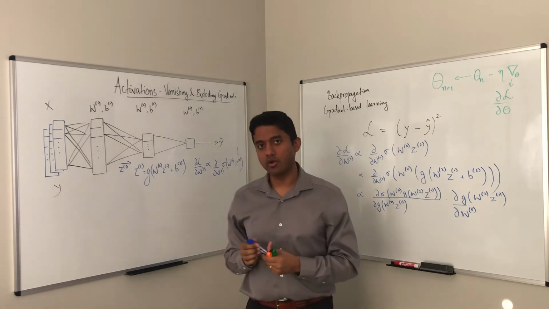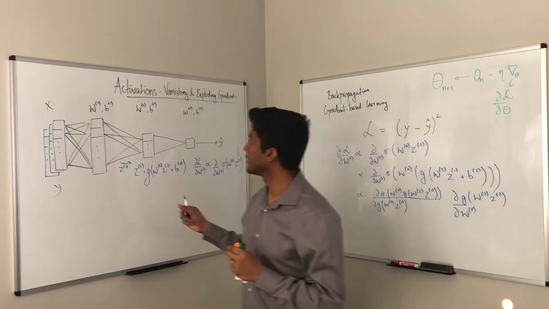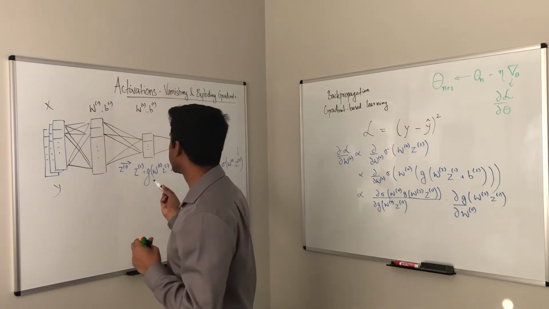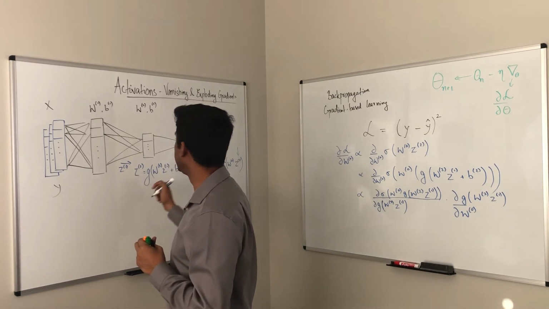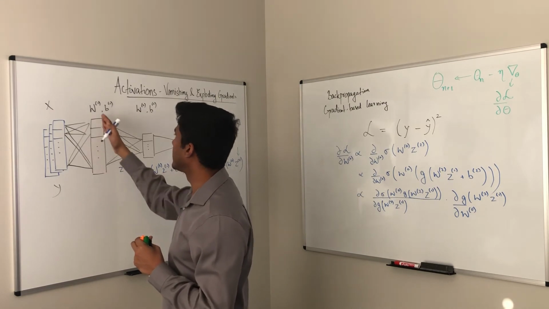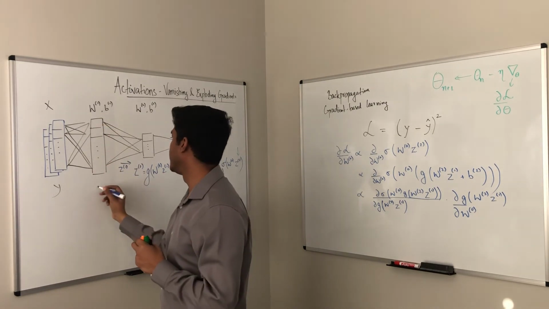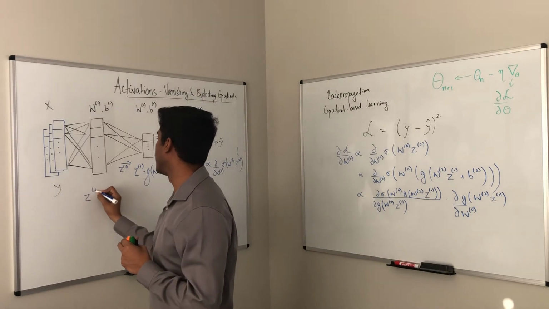And now I'm going to go a step further because we have another hidden layer, and Z1, which we have here, is basically coming as an output of this layer.